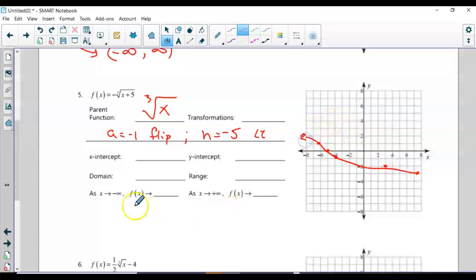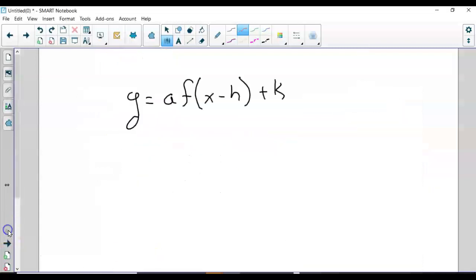Okay. All right. The question that I have in the chat is about -5. H always takes you in the opposite direction. Always takes you in the opposite direction. Let's kind of go back a little bit here. All right, let's talk about H inside the function. So I'm not going to use the square root function.